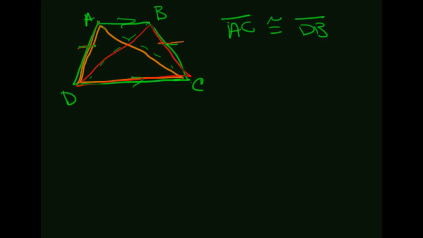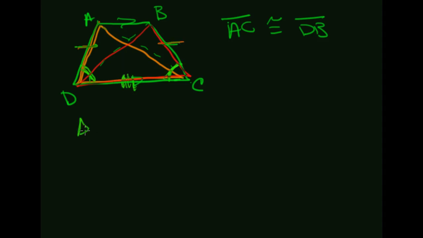This is congruent to that, so that works. I know that angle D and angle C are congruent because they're base angles, and one of those is in each one. And aha, that side is congruent to itself. So that will give me side angle side and side angle side.